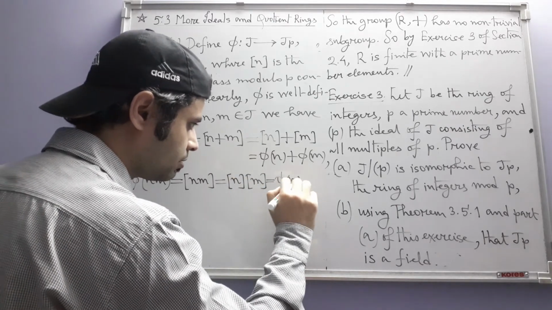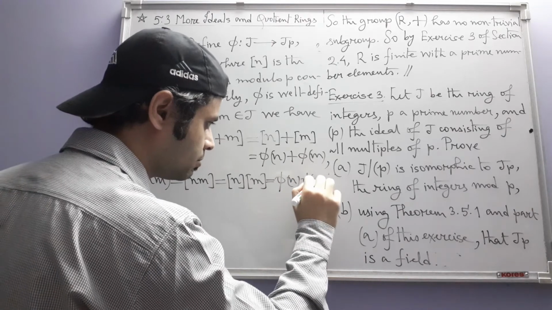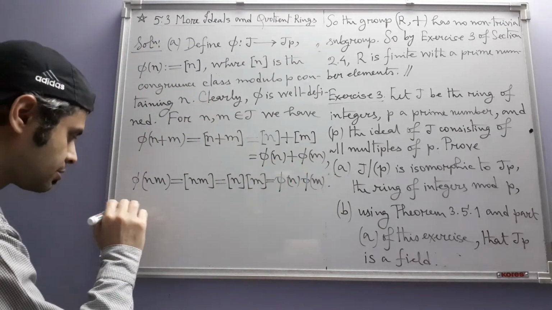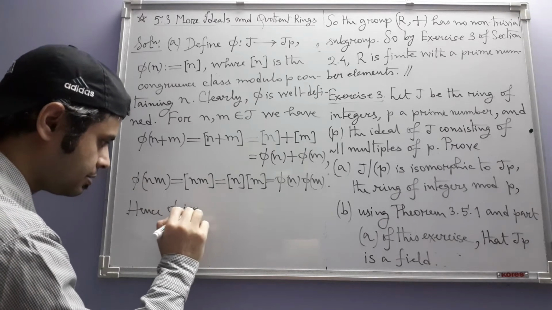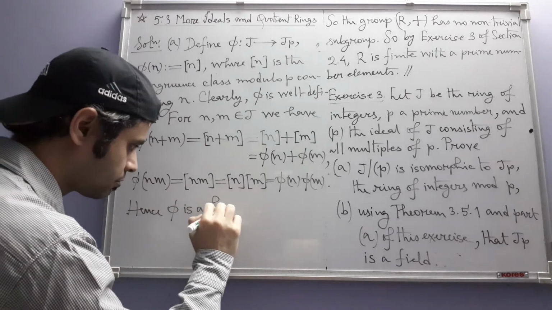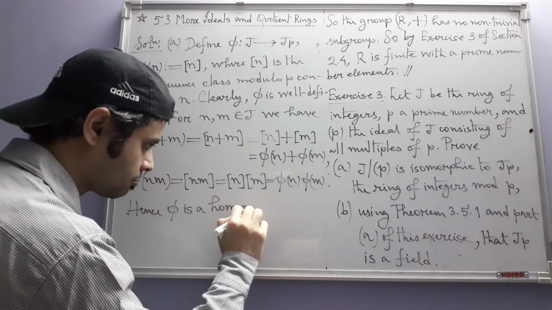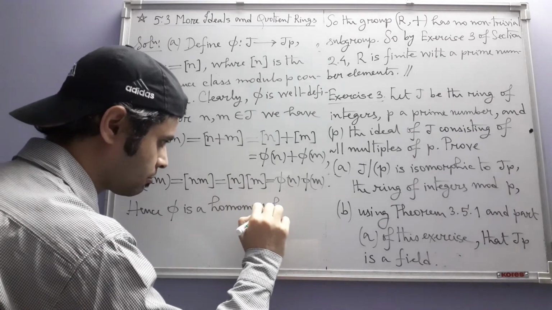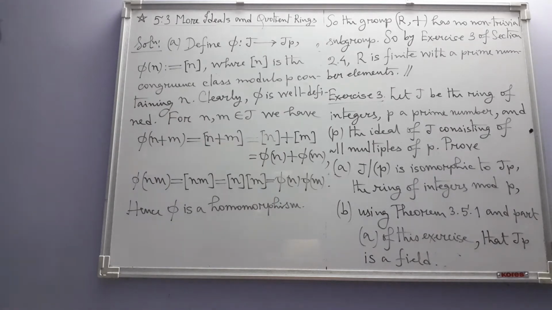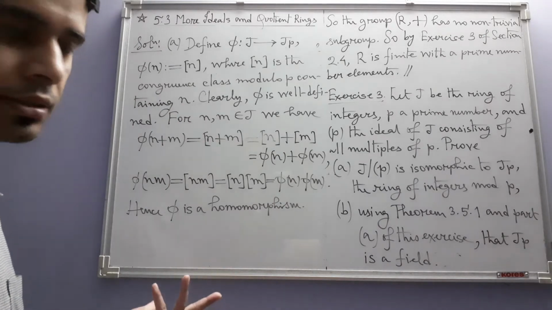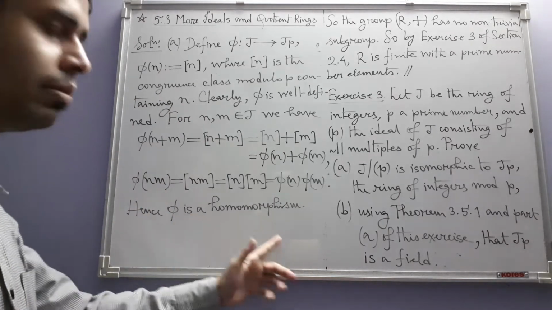Phi of n, phi of m. Hence, phi is a homomorphism, a ring homomorphism, but since we are dealing with rings primarily, we don't mention that.